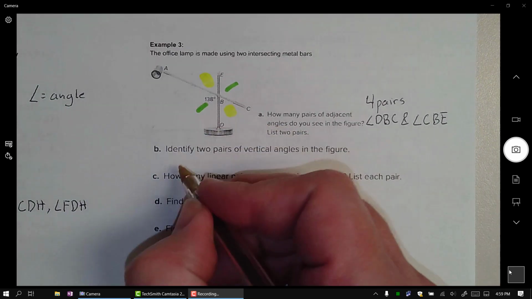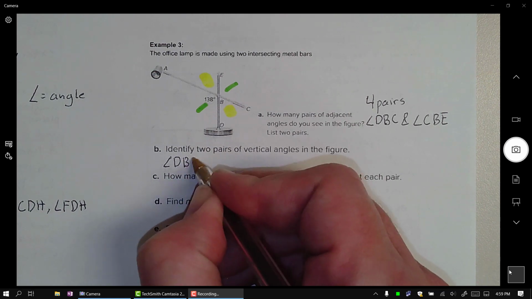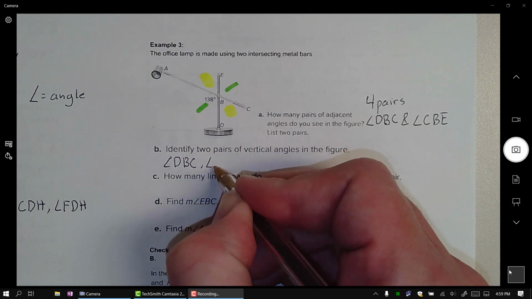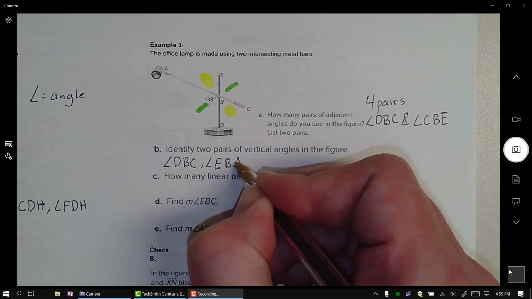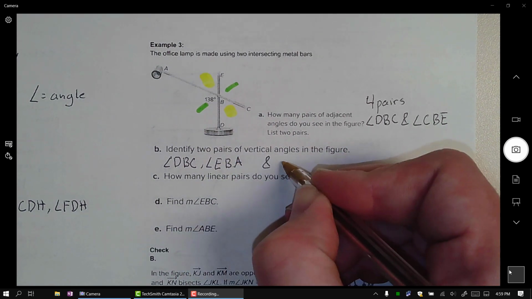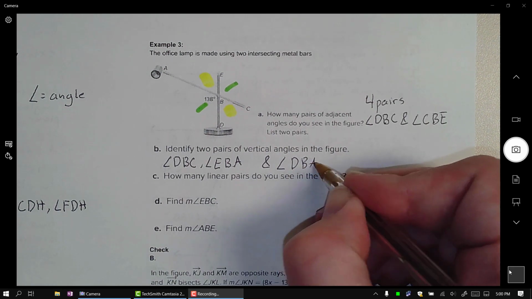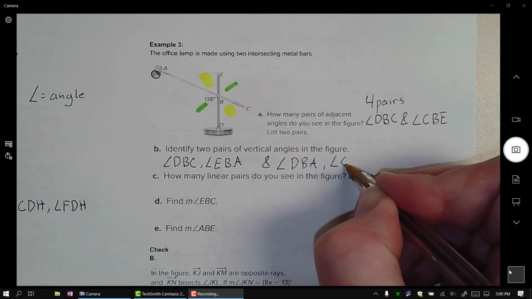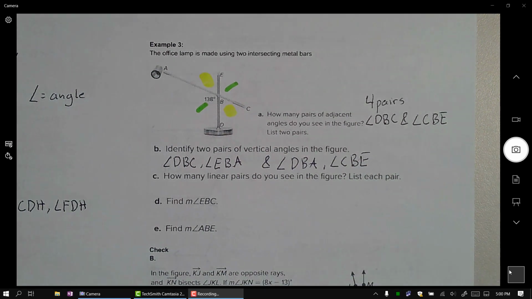So we would have angle DBC, angle EBA, and angle DBA, angle CBE. So those would be our vertical angles.